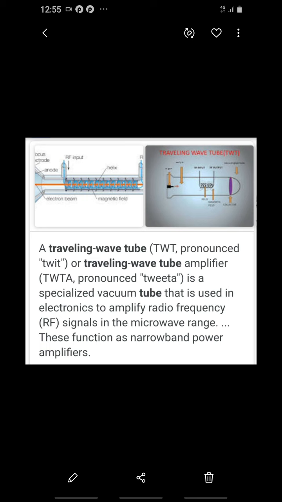The RF field due to the RF signal travels with the velocity of light multiplied by the ratio of the helix pitch to the helix circumference, that is 2 pi r.